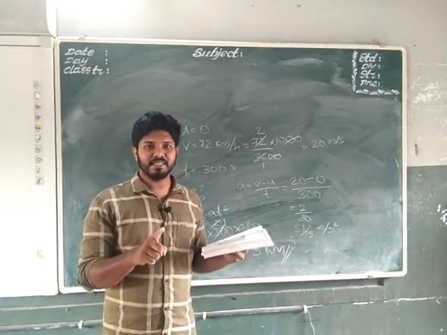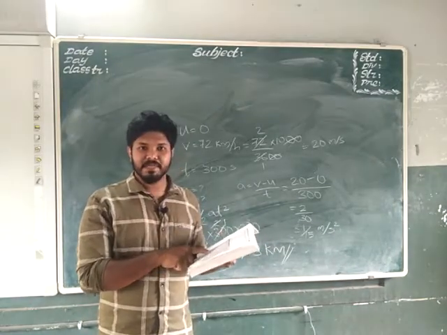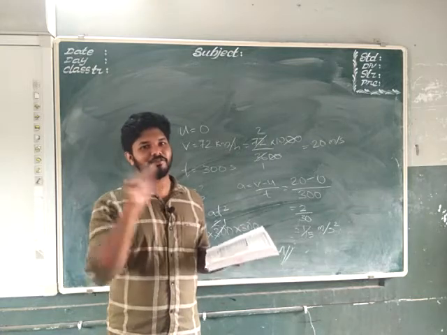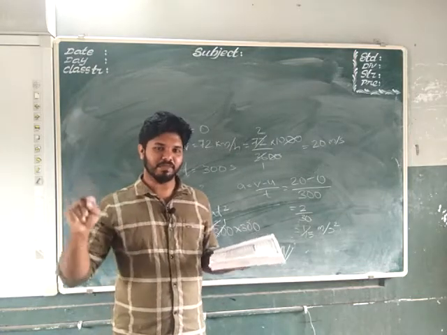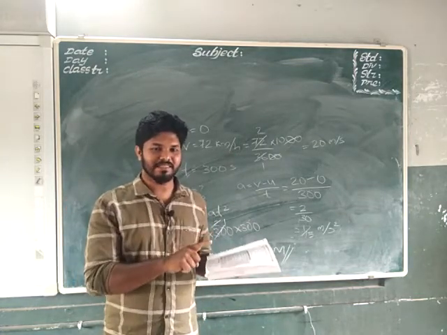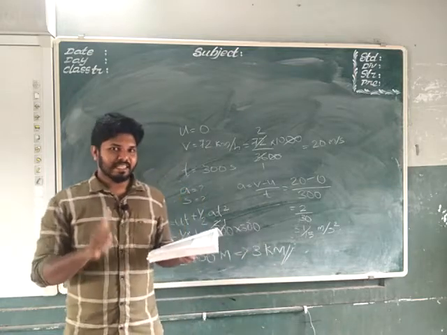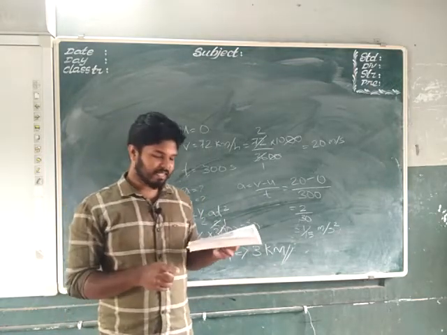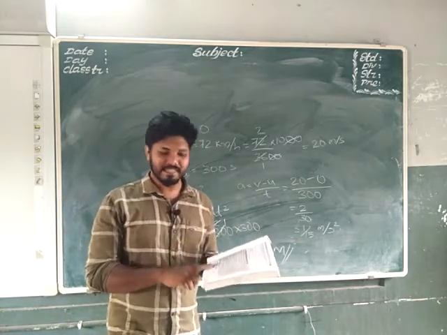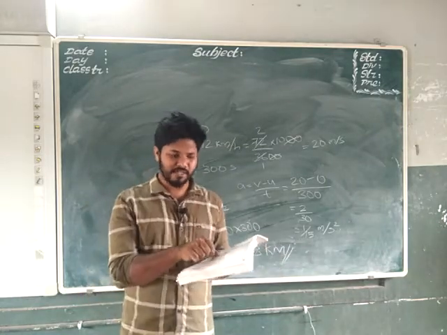If a term like that comes, 6 meter per second square in opposite direction, you have to take minus 6 meter per second square, because it is the opposite direction. That is retardation, that is not acceleration. This thing you have to take care of. That is the important point to be remembered while solving this question.